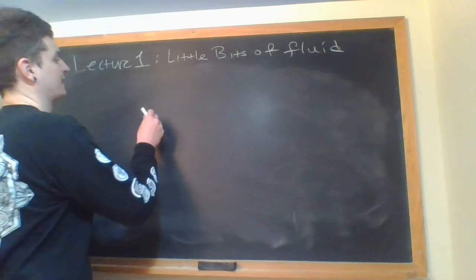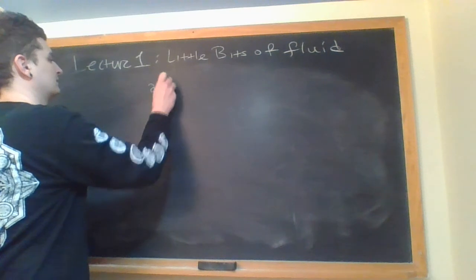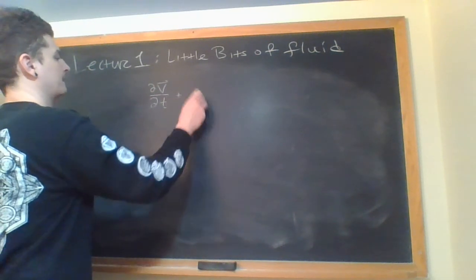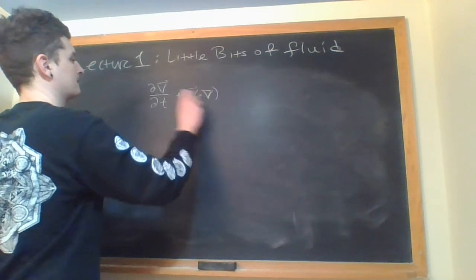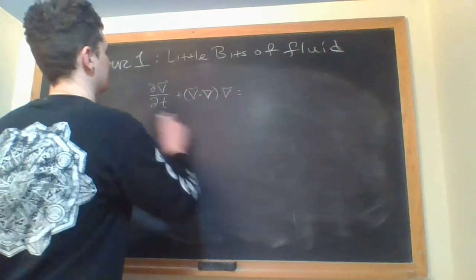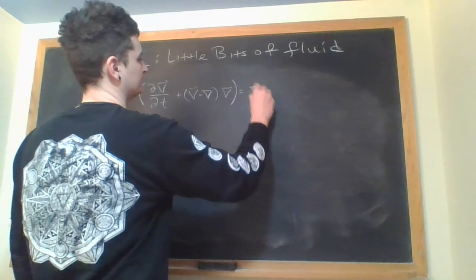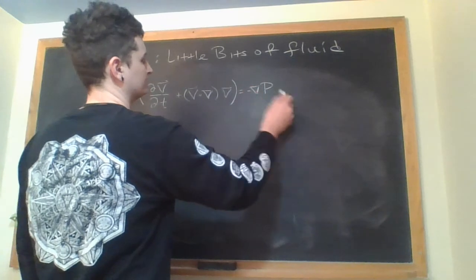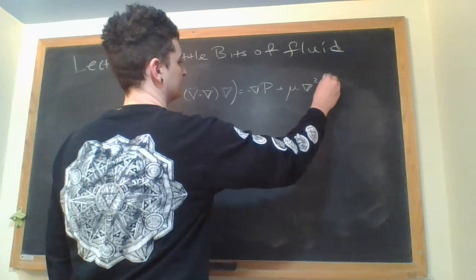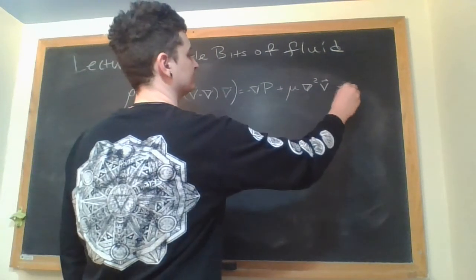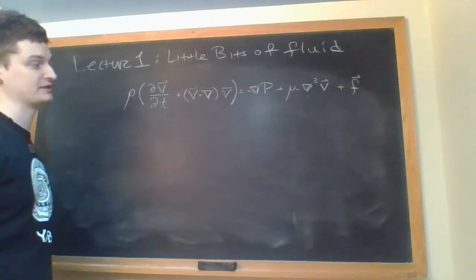You could just write it in vector form. And this is the vector form of the Navier-Stokes equations for viscous fluids.